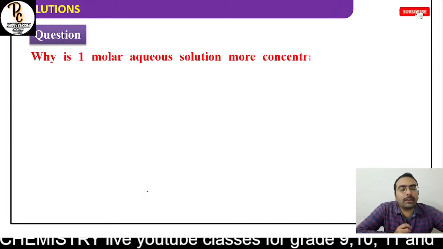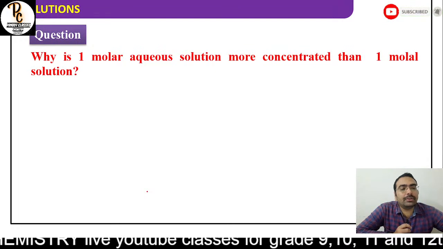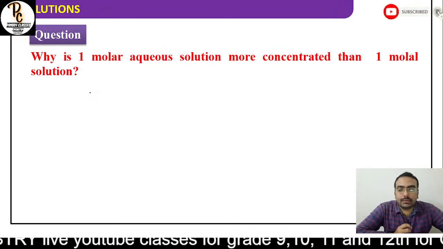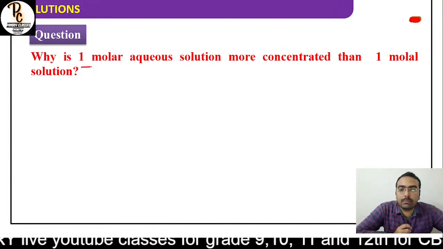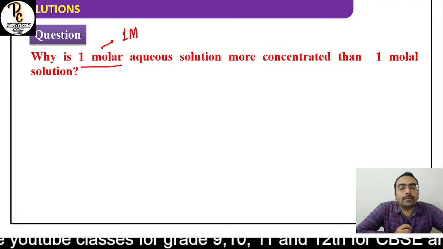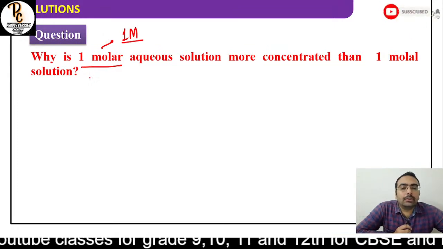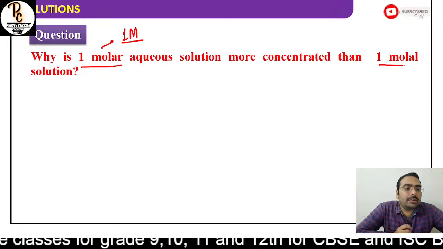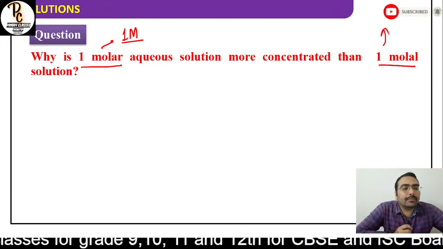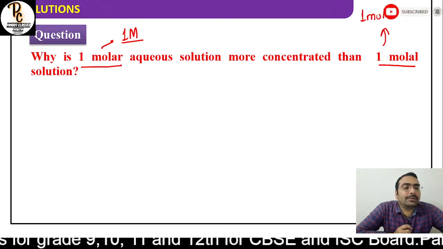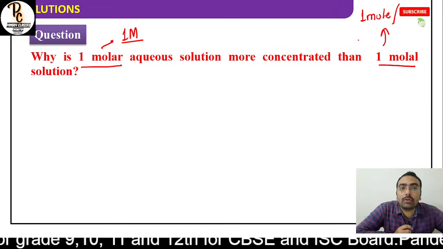Why is 1 molal aqueous solution more concentrated than 1 molar? So students, when we say 1 molar, it means 1 mole of solute is present in 1 liter of the solution. And when we say 1 molal, it means 1 mole of solute is present per kg of the solvent.